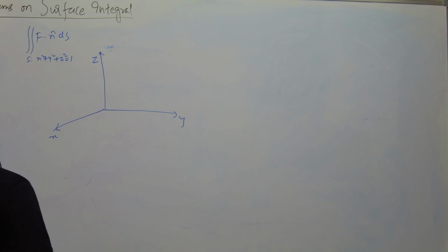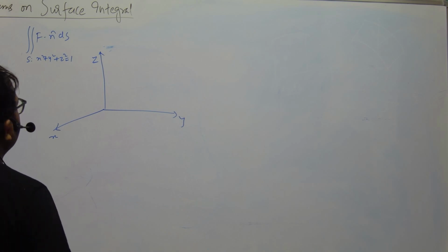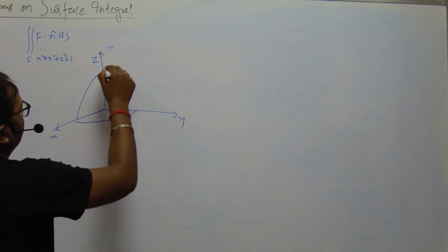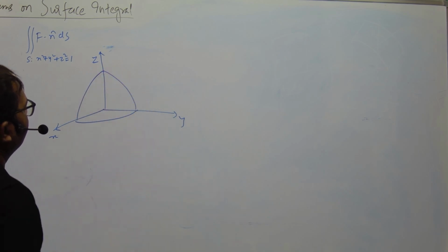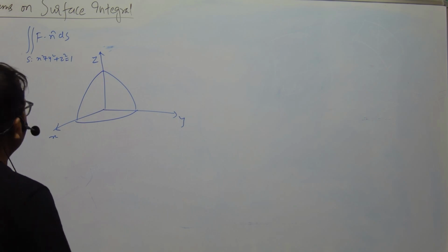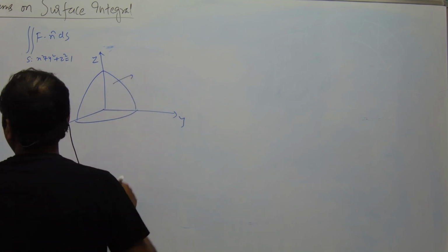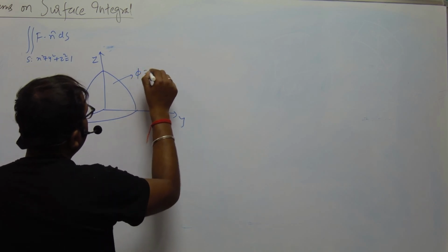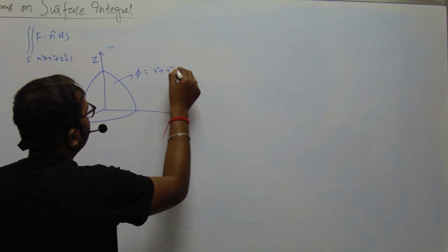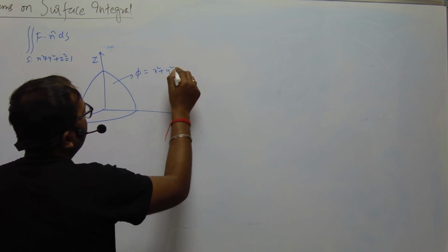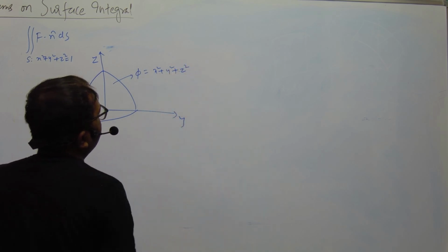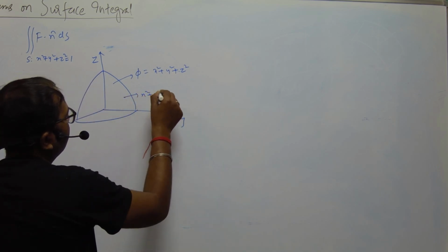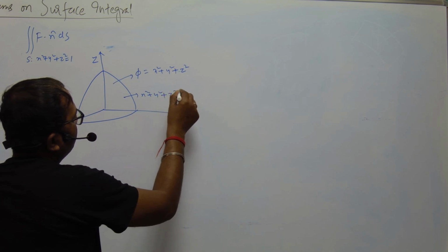We have to take that part of the sphere which lies in the first octant. Let's draw the sphere, that part of the sphere that lies in the first octant. Let's consider phi equal to x square plus y square plus z square as our surface. The equation of the sphere is x square plus y square plus z square equal to 1.